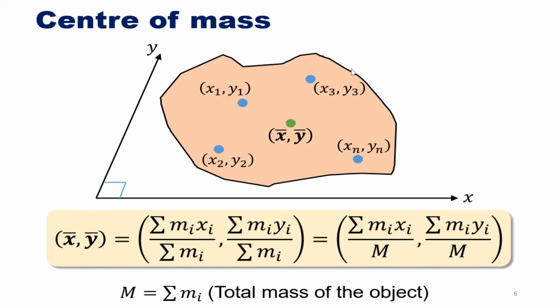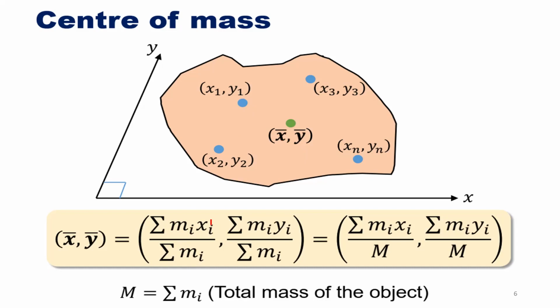So you take the mass at a particular point, then you multiply by the distance. You need to repeat that for all the x coordinates. Then you get the total of the mass of each particle multiplied by its distance, corresponding to the position of the points on the object. Then divide by the total mass.